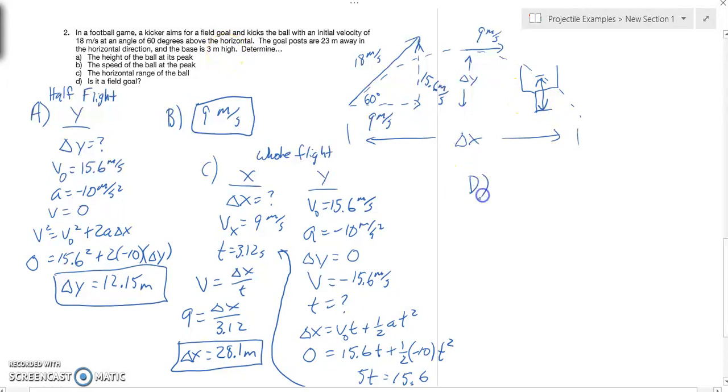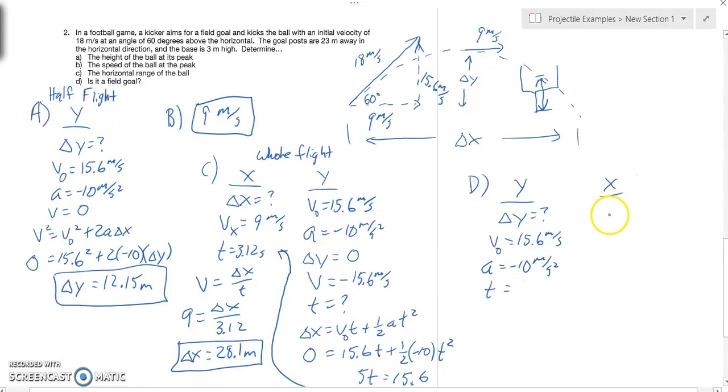So part D over here, we're looking in the y direction. We're looking for that height. We know our initial velocity, 15.6 meters per second. Acceleration, -10 meters per second squared. Do we know the velocity in the y direction at this point? I don't. And then the only other option is time. And time is usually the key for these projectiles because that's what's common between the x and the y directions.